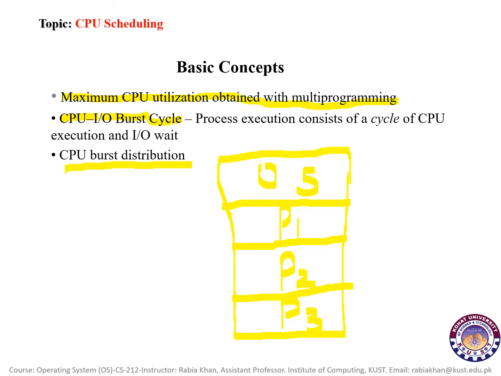Then it comes again, executes on CPU, and then it may go to some I/O device. Then it goes back. This is the three-state model diagram, if you remember we had discussed in chapter 2. So CPU is not assigned once in a process lifecycle. It may happen that a small process is given CPU just once in its lifetime, but generally a process's CPU burst is distributed over its lifespan. Now the distribution diagram is given in the next slide.